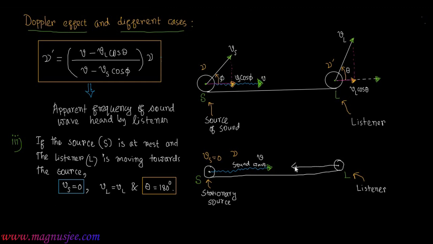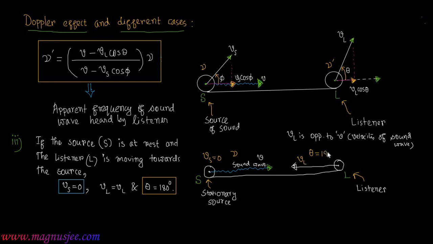Here the listener is moving with velocity Vl towards the stationary source, in the direction opposite to the propagation of the sound wave. Vl is opposite to v, where v is the velocity of the sound wave which propagates towards the listener.